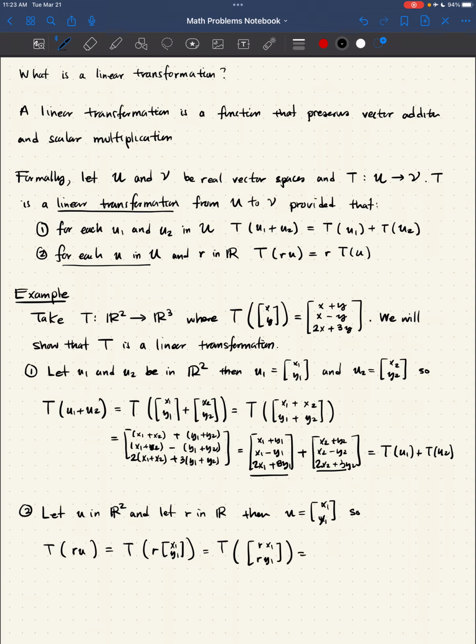Now we'll go for the actual definition of T, and we expand it.